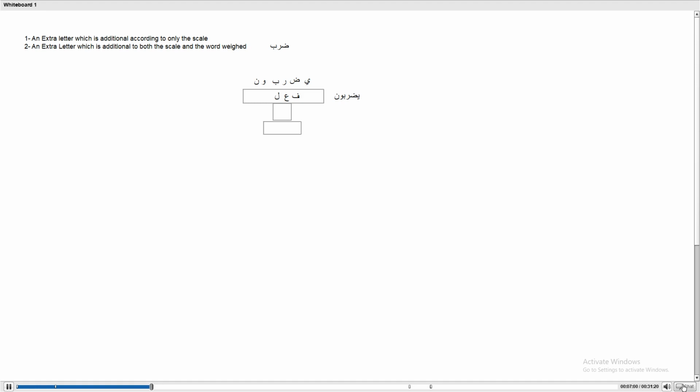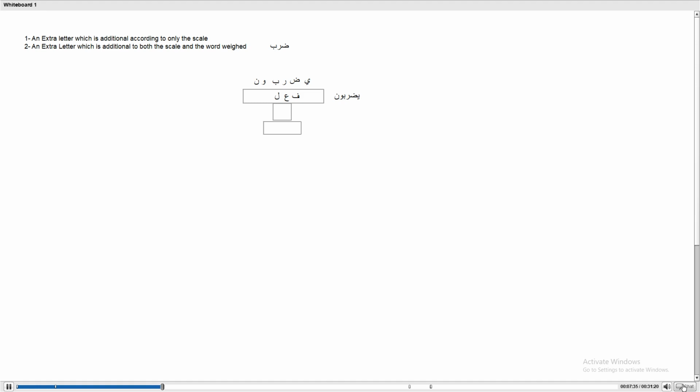How did we know that it's extra also according to the word weight? Judge from what you see on the board. How can you tell that the ya is extra? It is not the fa al-kalima.